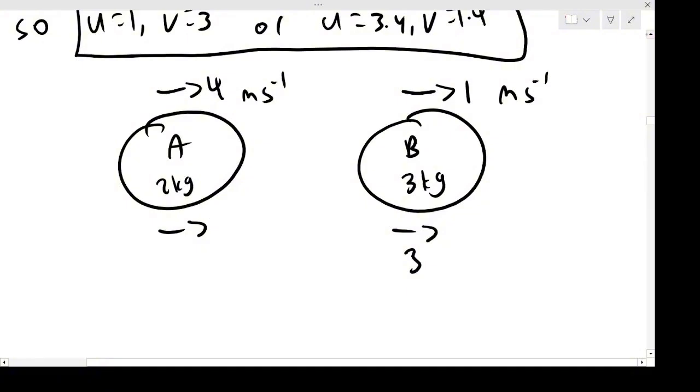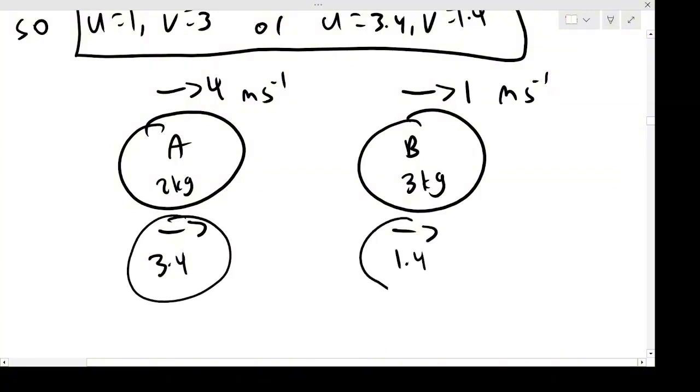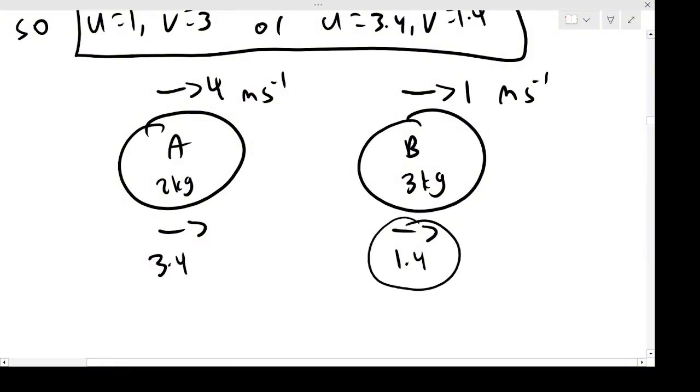But if then u is 3.4 and v is 1.4, well now A is faster than B, so they're not going to separate, right? A's still going to bang into B. They're not going to separate because B can't get any distance away from A because A's moving faster still.